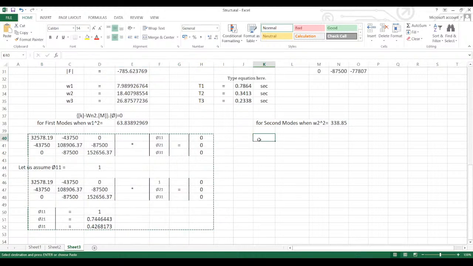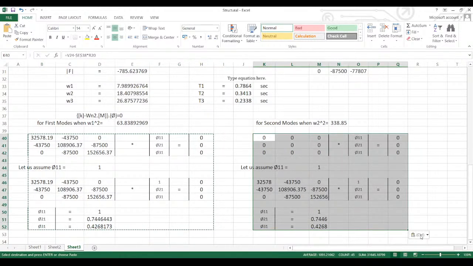Control C, Control V, all these values are the same.